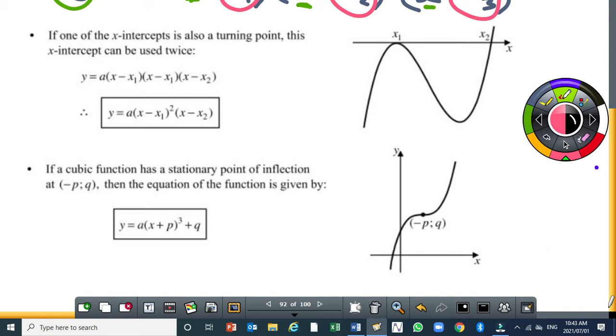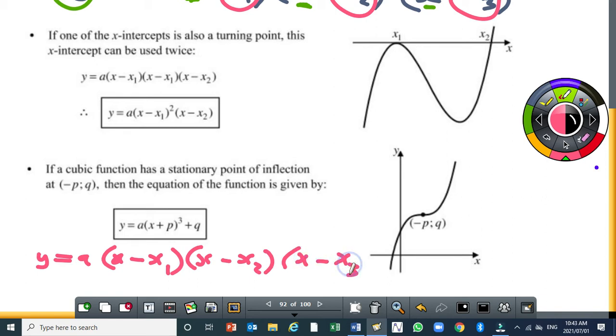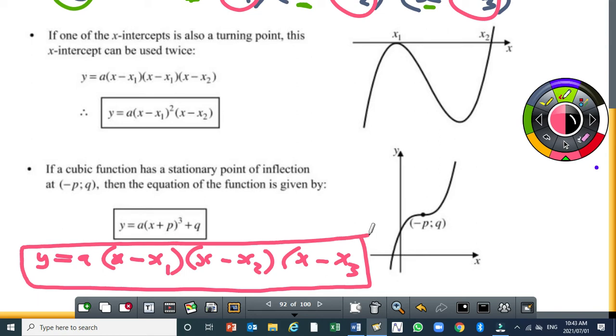Okay, in that case, we can generalize that equation like this. But the best equation that you can memorize is the one that I'm going to write here. Y equal to a times x minus x1 times x minus x2 times x minus x3. This is the equation that you have to know with regard to finding the equation of a cubic function.